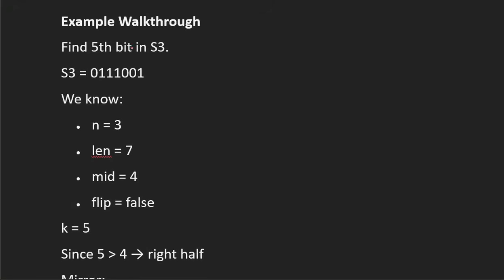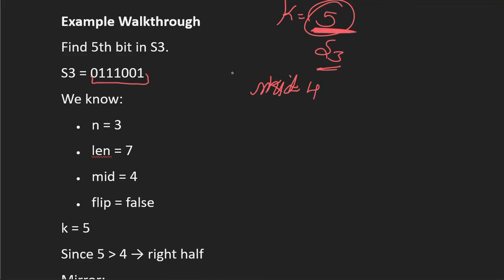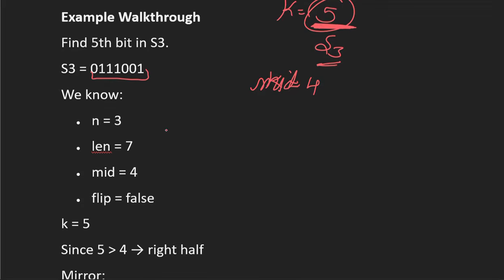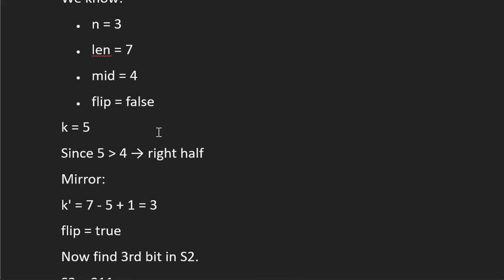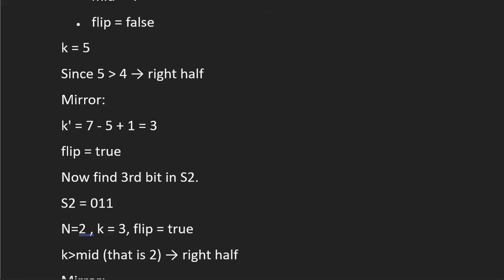So let's see an example to make it more clear. We have to find the fifth bit in s3. So s3 is this. So mid of s3 is 4. Now our k is equal to 5, right? So our k value is greater than the middle element, so we have to find in the right half.